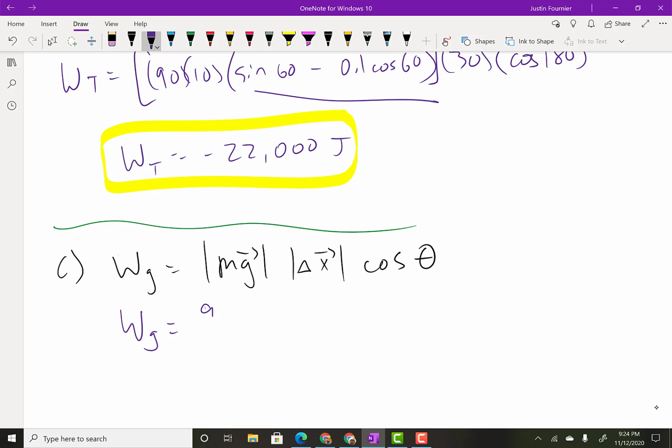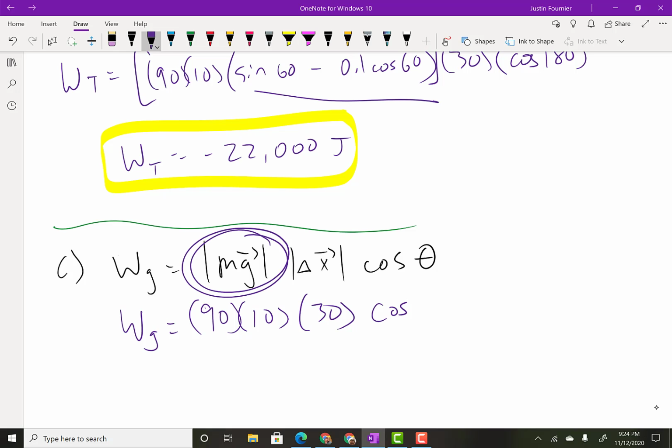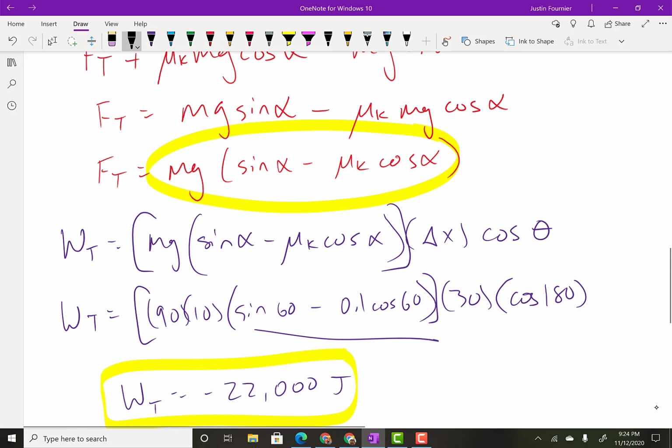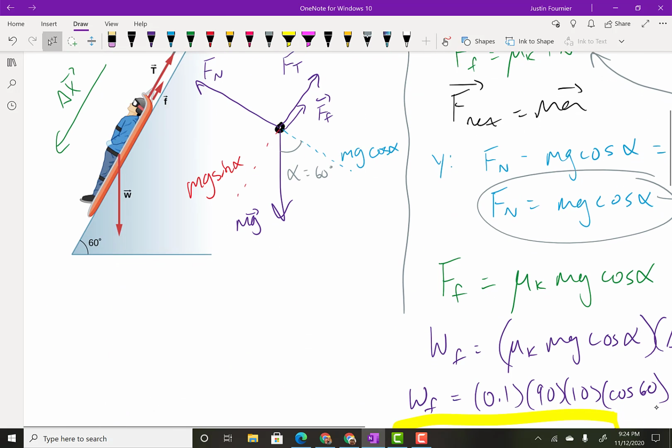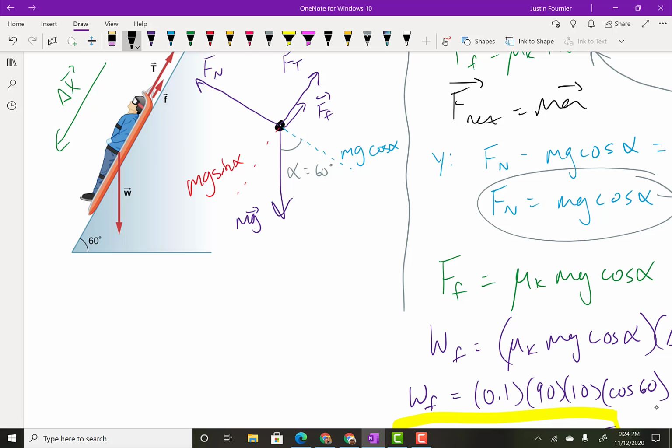So it's going to be the mass, which is 90, multiplied by g, which is 10, delta x is 30, cosine, what's the angle? It's the angle between the actual weight vector and the displacement. Here's the weight, and here's the displacement vector.